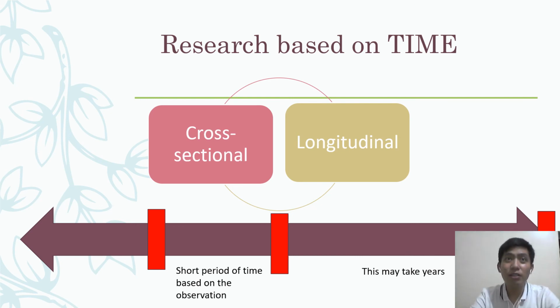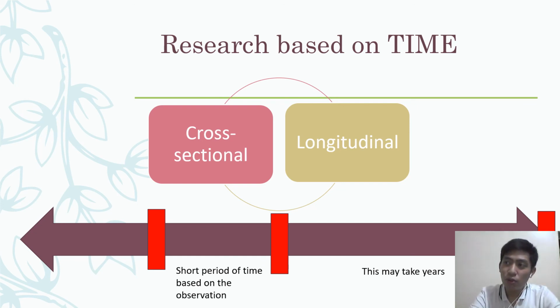You're limited to a period of time because we don't have the luxury of time and budget, and even the efforts are very taxing. However, longitudinal research takes years, 5 to 10 years.